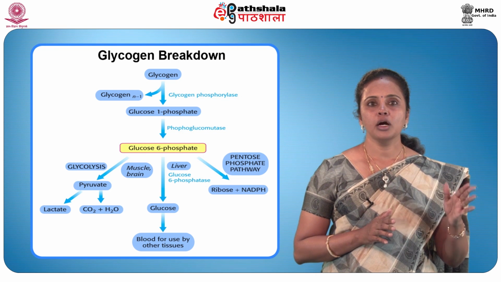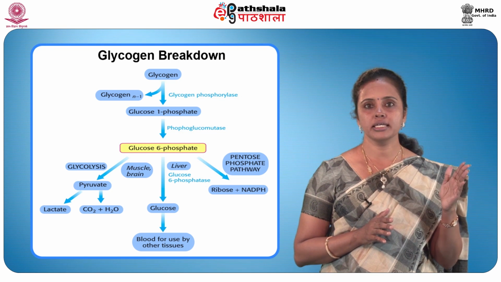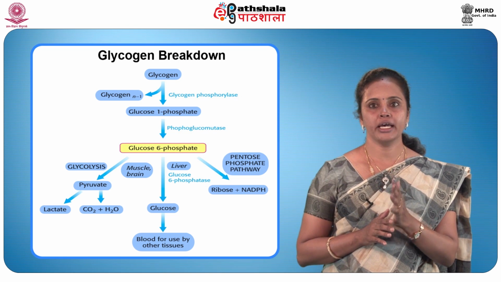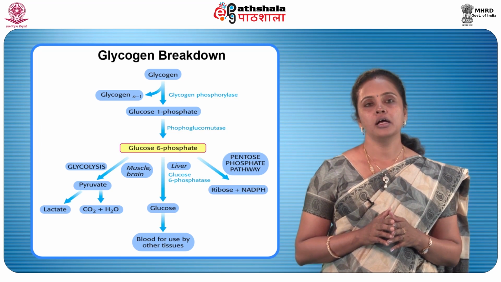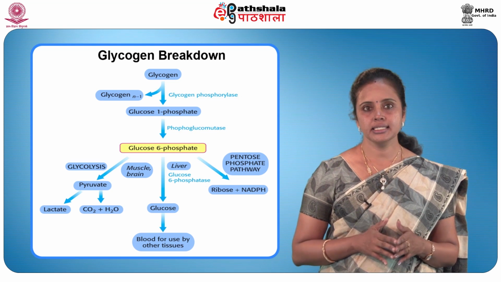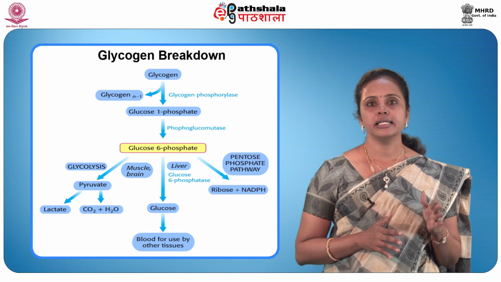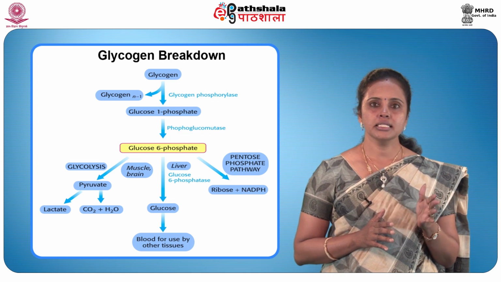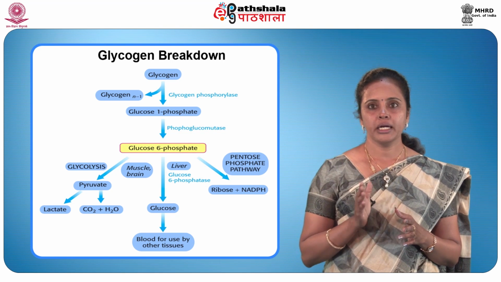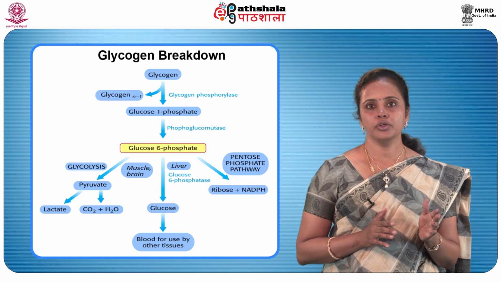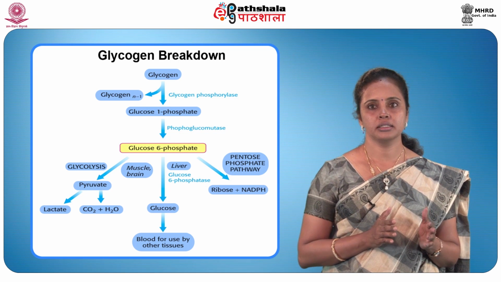So, it stops until it gets 4 residues away from the alpha 1,6 linkage where you have the branch point. Another enzyme is required to remove these branches, called the debranching enzyme. This enzyme releases a glucose unit one by one until it reaches approximately 5 units from the branch point.